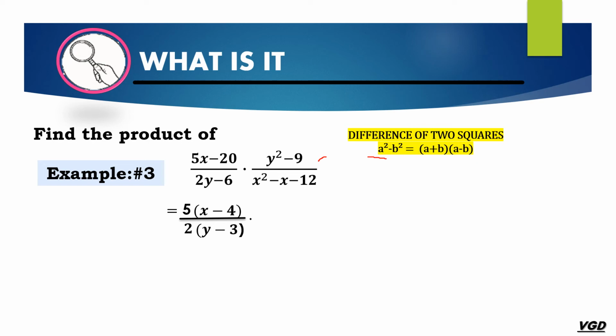We need to extract y squared and 9 by getting its square root. Then copy the formula. So we got here the quantity of y minus 3 times the quantity of y plus 3 as its factor.